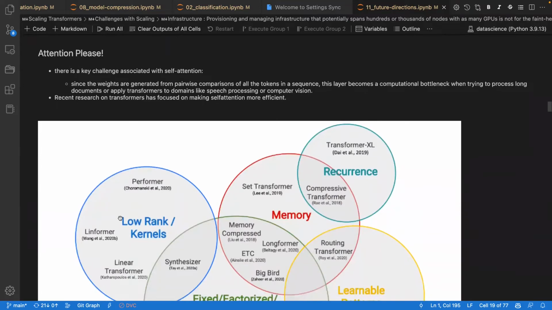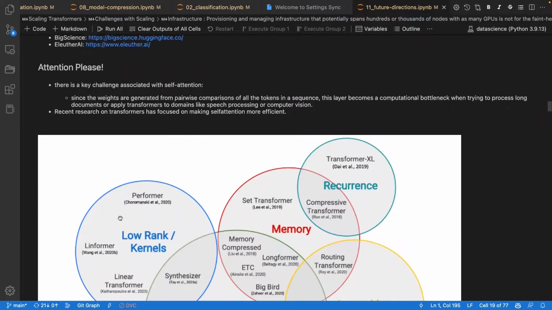They also discuss some of the challenges with the attention mechanism in transformers, and some of the future research directions. They talk about a key challenge associated with self-attention, which is that weights are generated from pairwise comparison of all the tokens in a sequence.